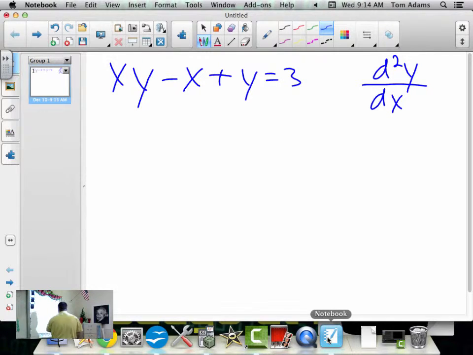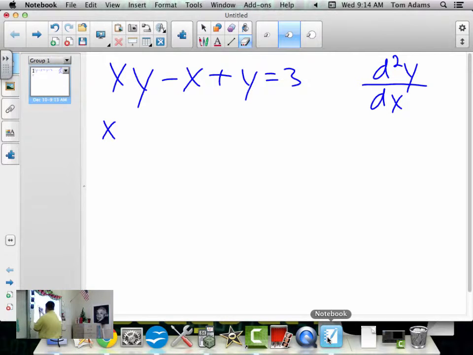Okay. So when I go to take the derivative of this, xy, we got to use the product rule. So the product rule is x times the derivative of y. What's the derivative of y? 1. In fact, let me change the marker so I can show you guys this. I want to take the derivative of just this thing here. Okay.